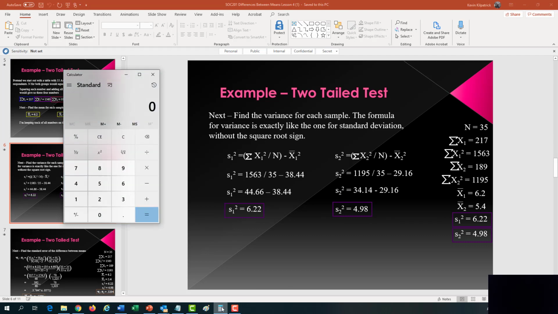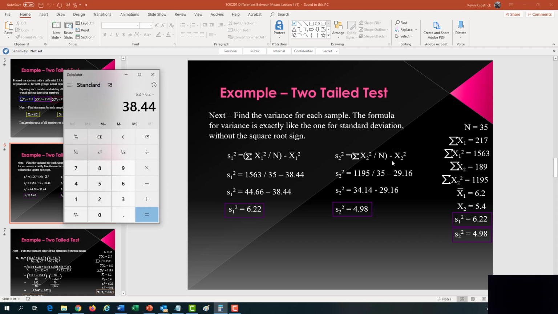So if I just square that or multiply it by itself, I'll get 38.44. That's how I came up with this number. Then I just do this division, come up with 44.66 minus 38.44, and I get the variance of 6.22, and I put that over here.